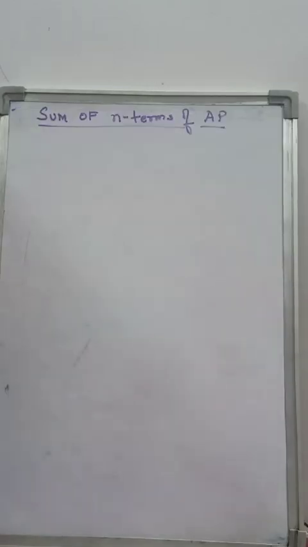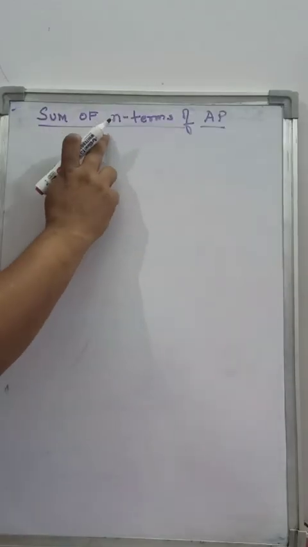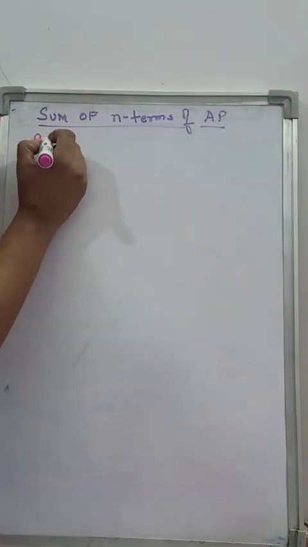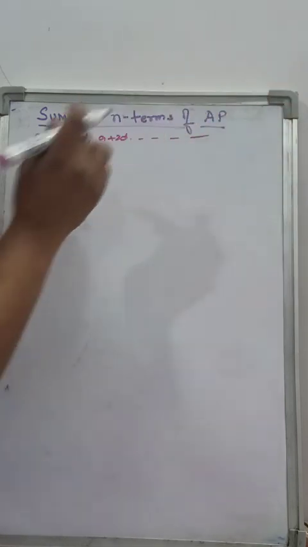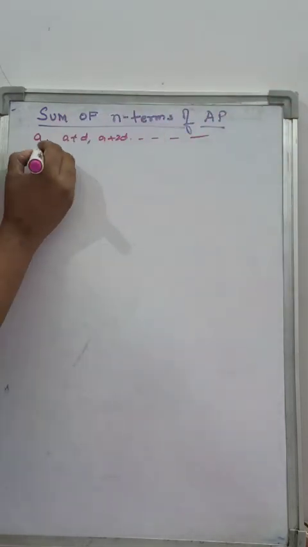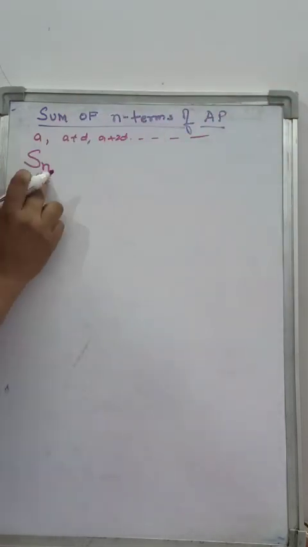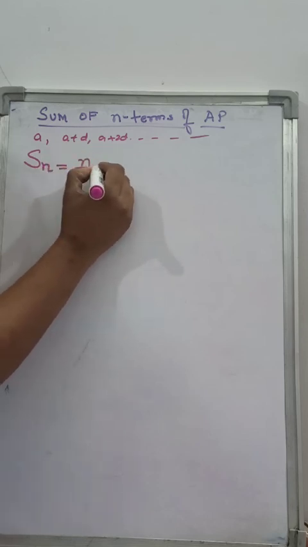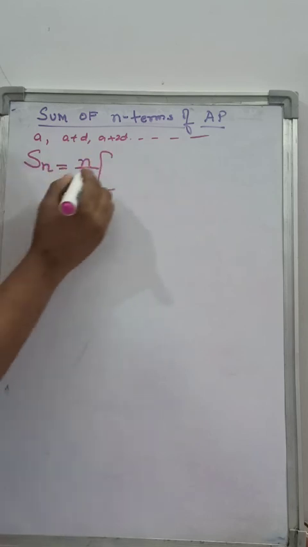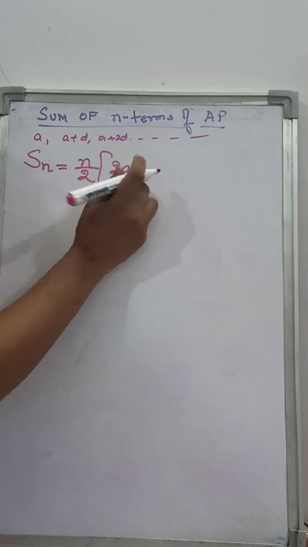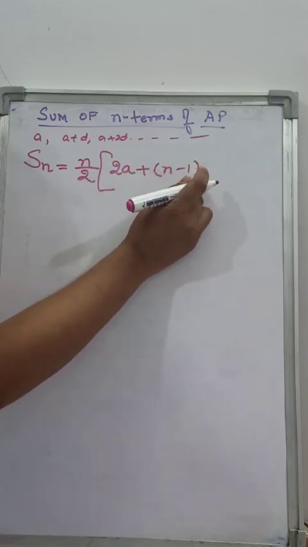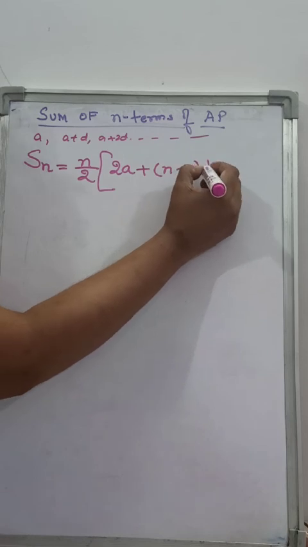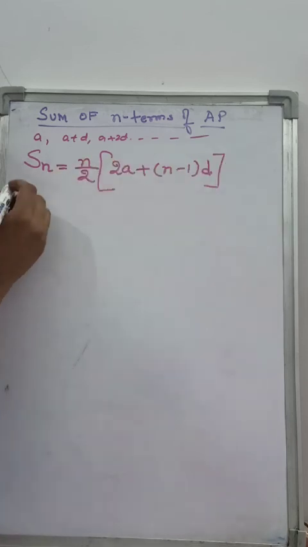Now next formula: sum of n terms of an AP. Suppose this is your AP series given to you and you have to find the sum of n terms. Then the formula will be S n equals n by 2 bracket 2a, 2 into first term, plus n minus 1, number of terms minus 1, multiplied by d, that is the common difference.